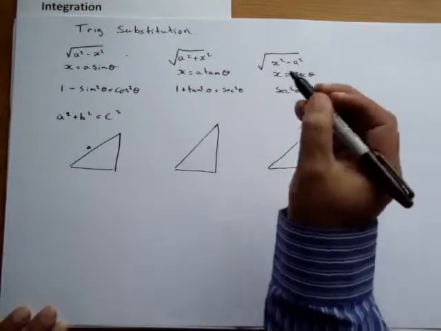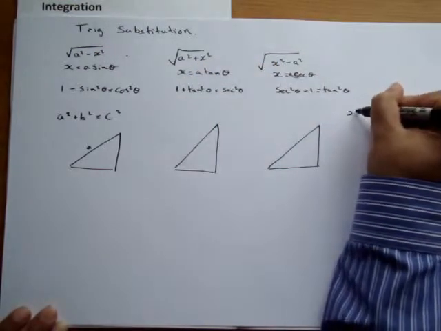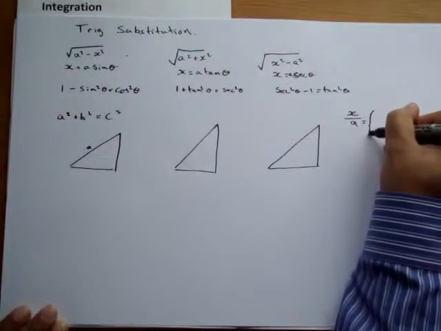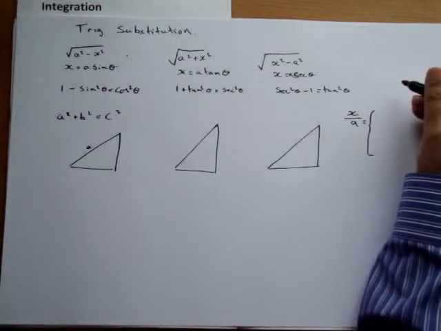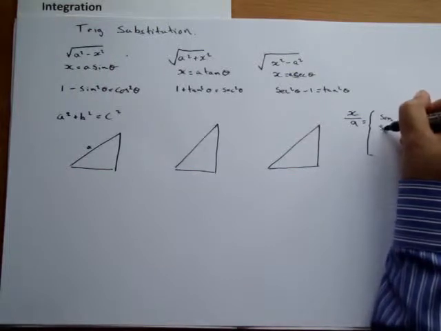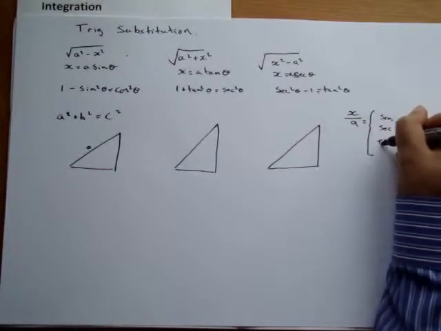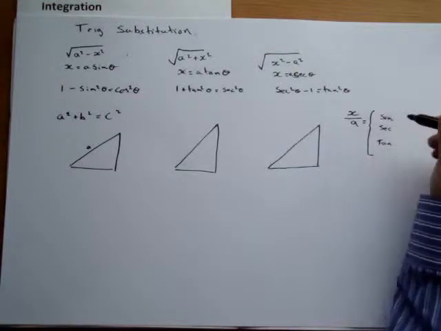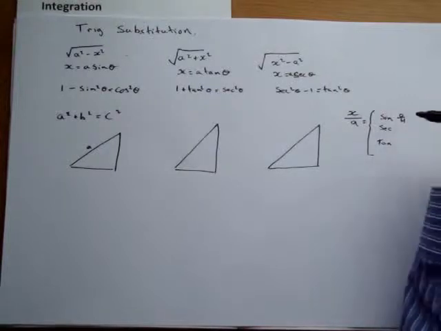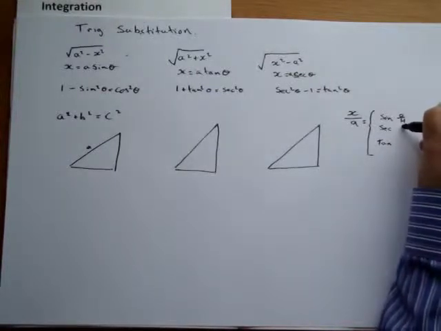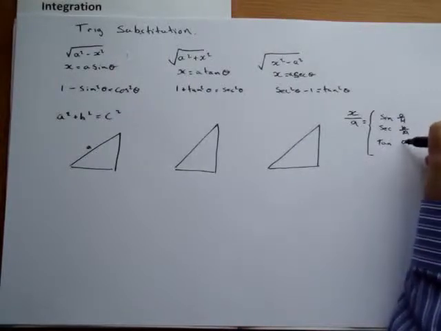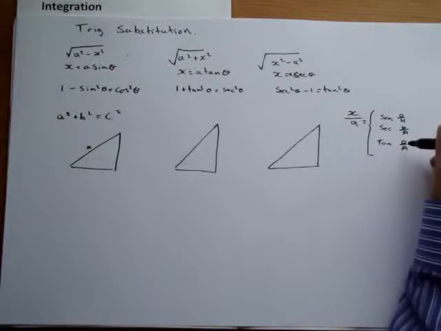How we decide this is by using x over a is one of these: the sine, the secant and tangent. For the sine we know it's opposite over hypotenuse, secant is hypotenuse over adjacent, and for tangent it's opposite over adjacent.